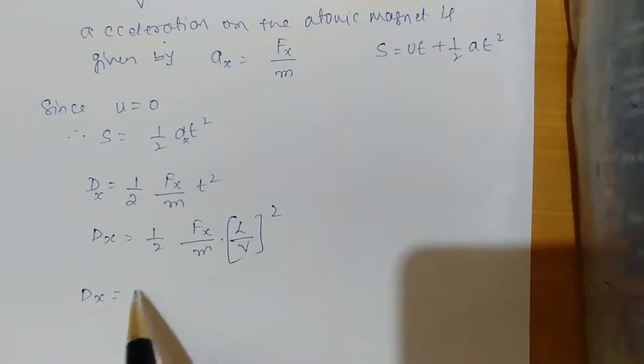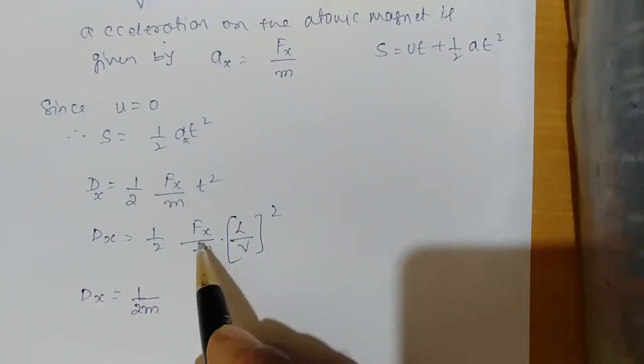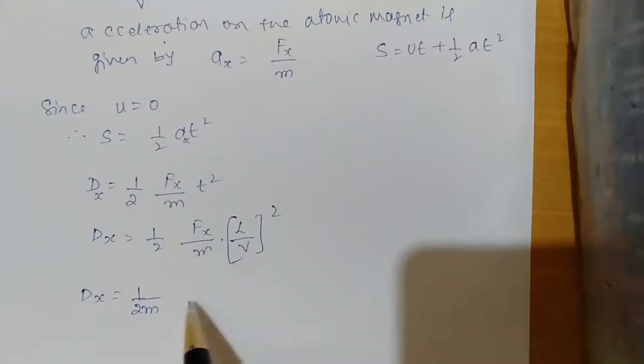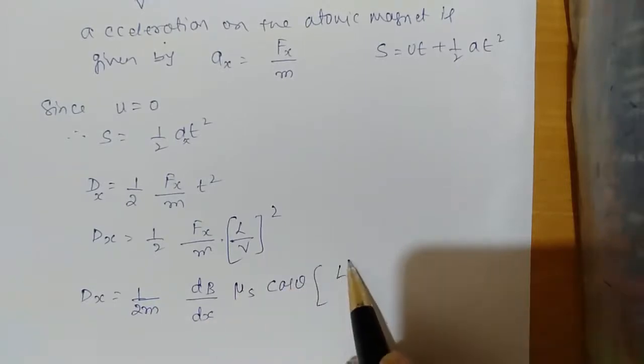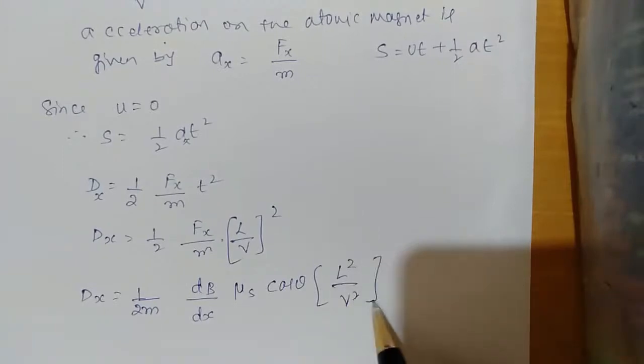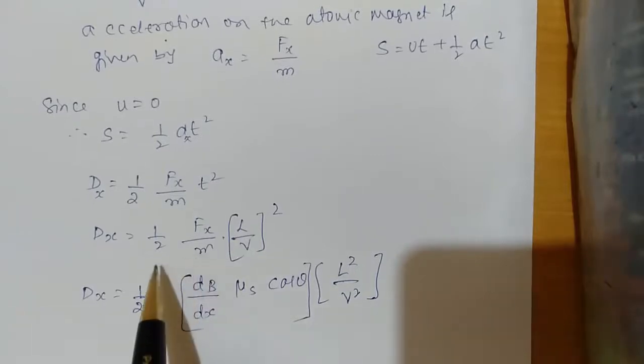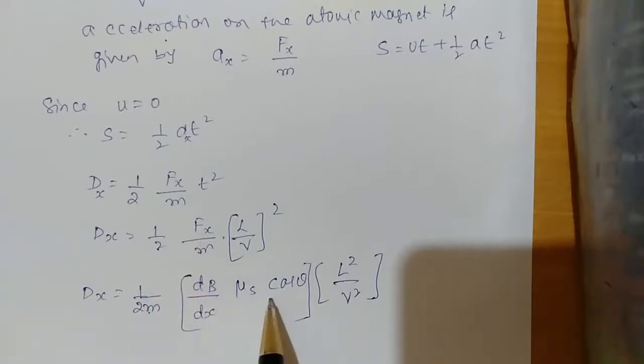Now dx is equal to 1 by 2, and we know the value of Fx as dB by dx into mu s into cos theta into L square divided by v square. I have taken the m onto this side, so it is 1 by 2m, and I have substituted the value of Fx.